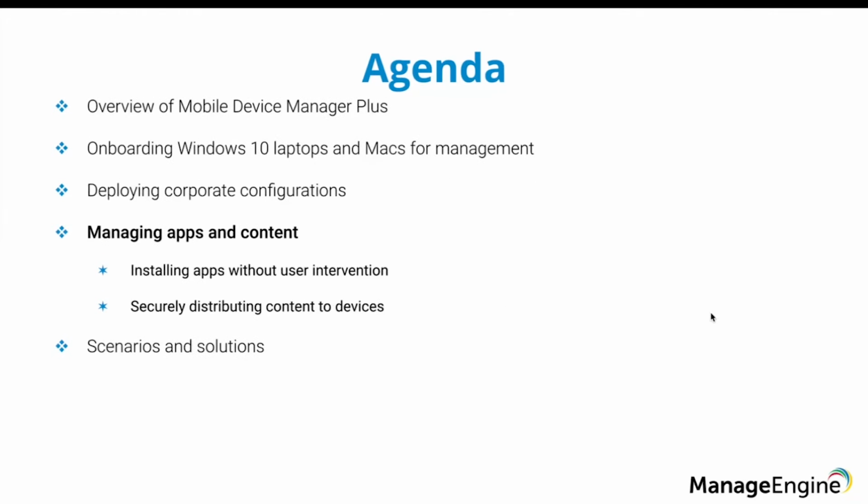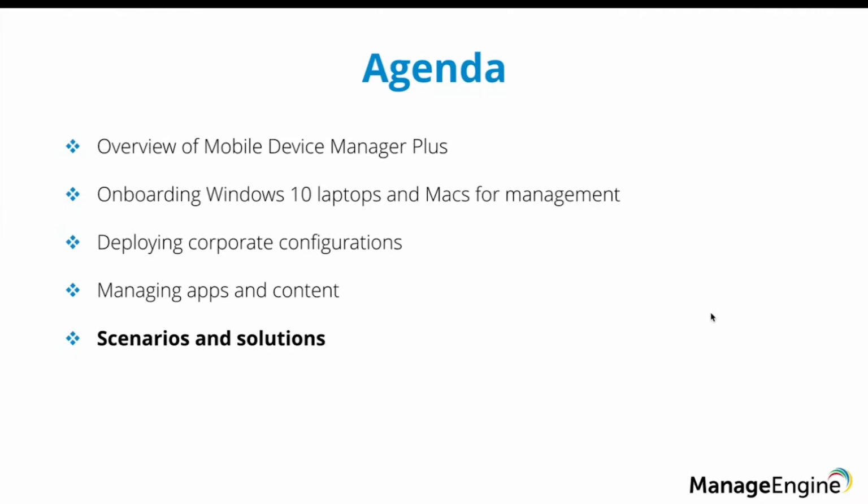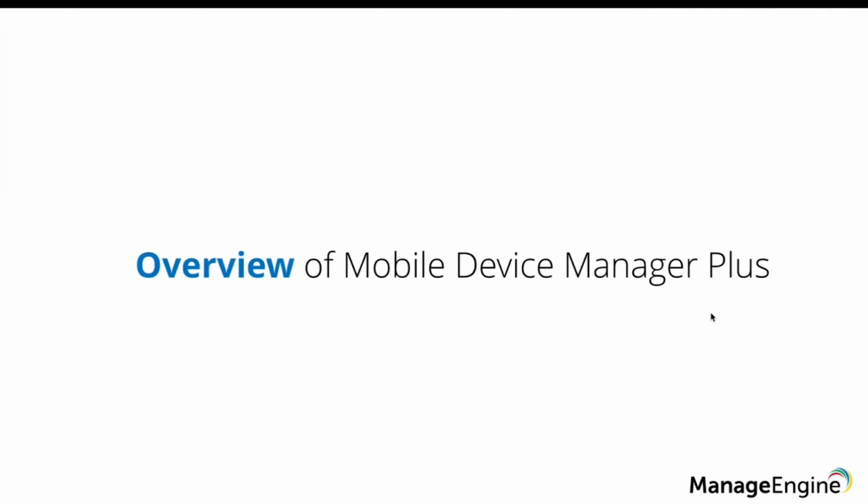And once the configurations are applied, you need a business application. So how do you deploy the applications to your devices? So finally, we will see some real-time scenarios, what we have encountered, what we got from our customers, and we'll also tell you what solution we offered for the same. So this is the quick agenda.